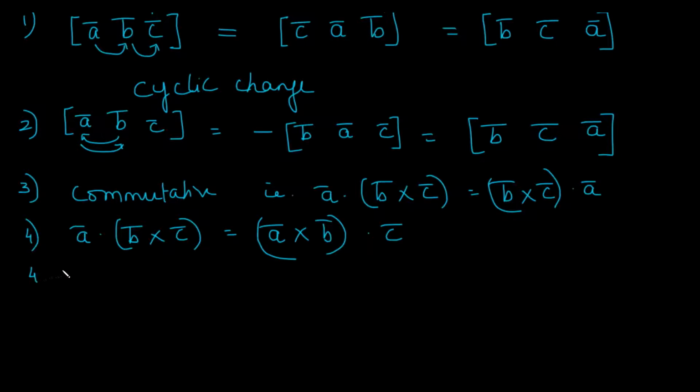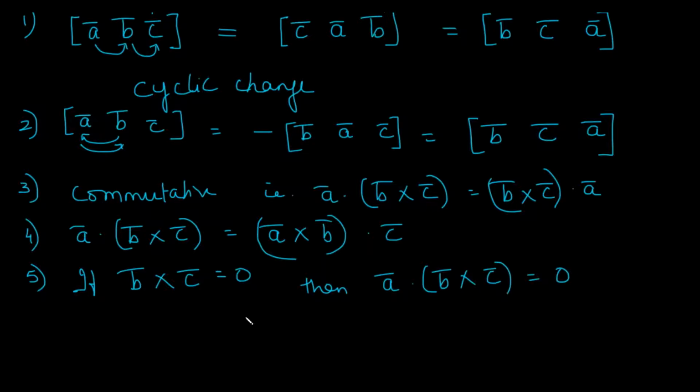Then the next property: suppose in the three vectors A, B and C, we have B cross C equal to 0, then the scalar triple product becomes 0. So A dot B cross C is equal to 0. So when is the cross product 0? When two non-zero vectors are collinear, that time their cross product is 0.